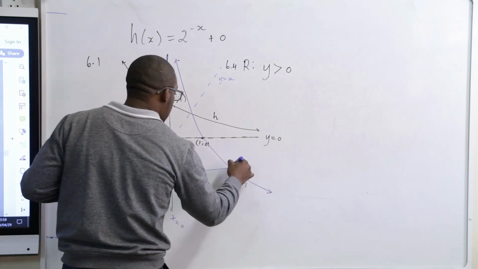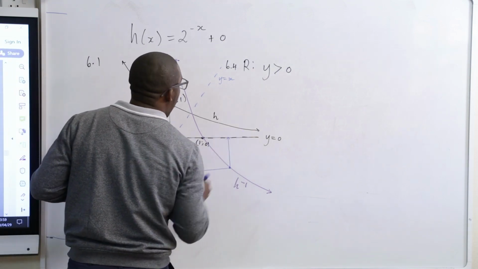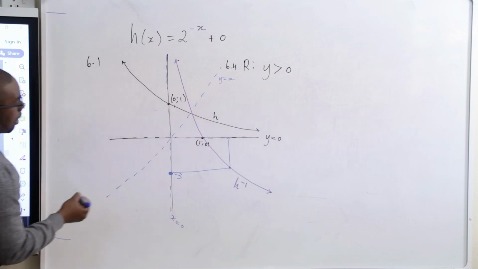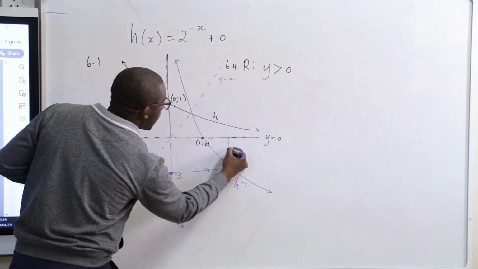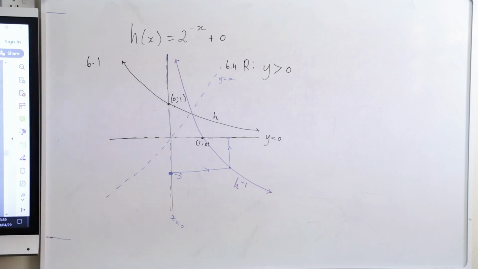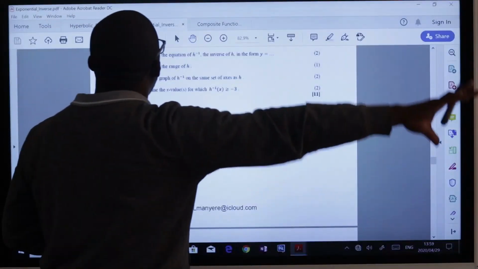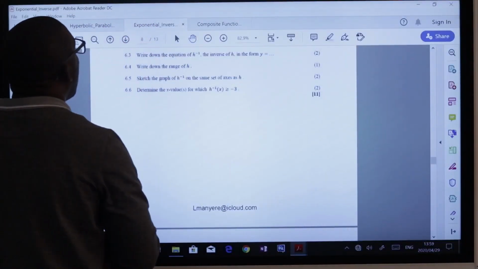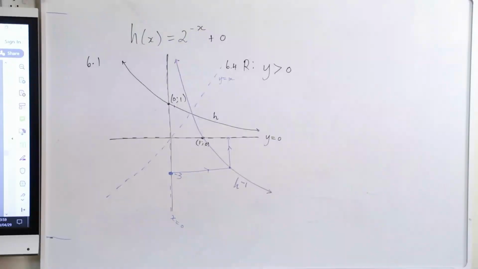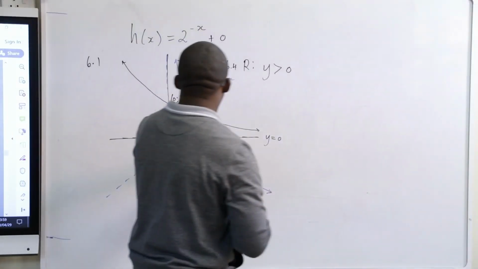When I get to the x-axis, it will be all the values on the left of that point here.